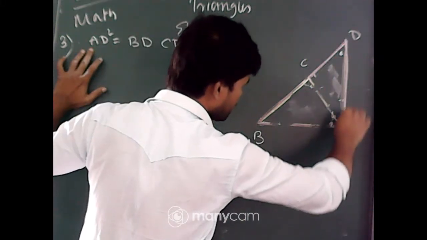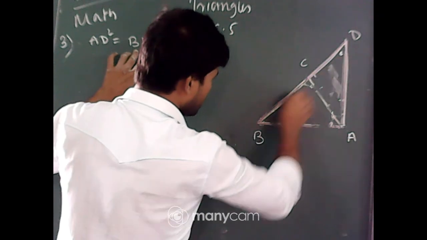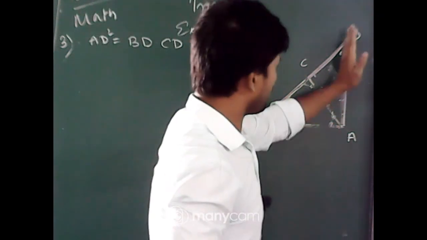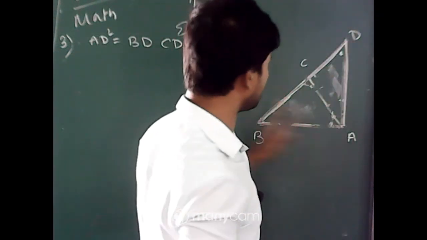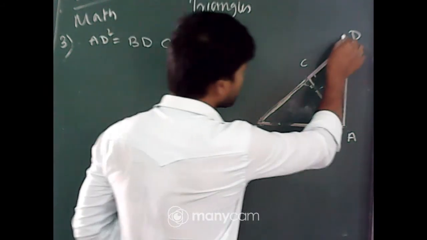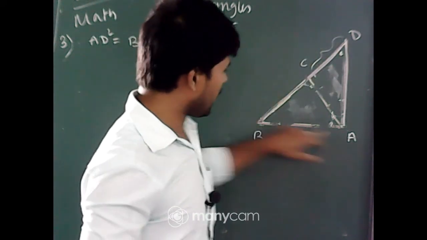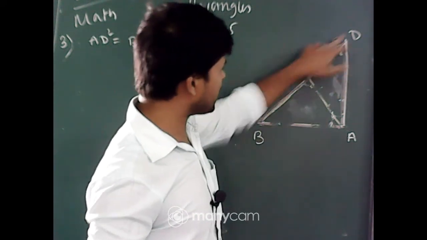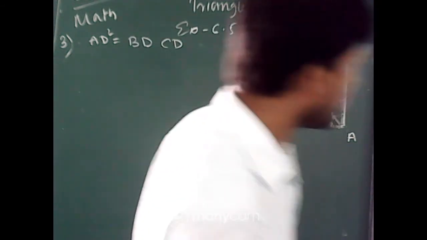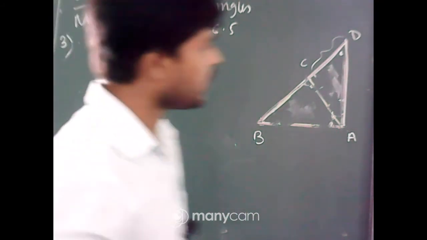This side. BD means this side. That means we have to consider the triangle ABD first. And CD means this side. So we'll consider ABD and ACD. Yes, very good.